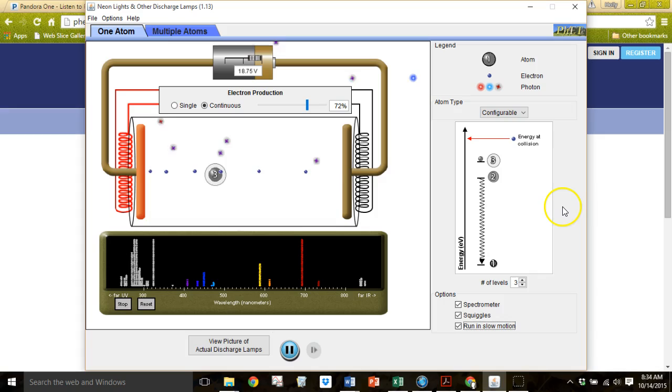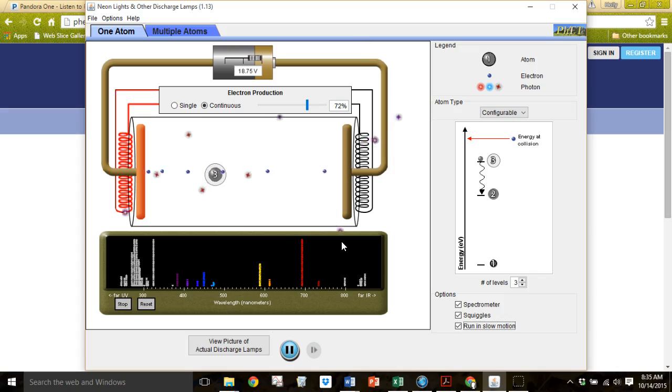Let's pretend this is atom A, and let's pretend this is atom B. And for 6, I think looking over here can help you answer that question.